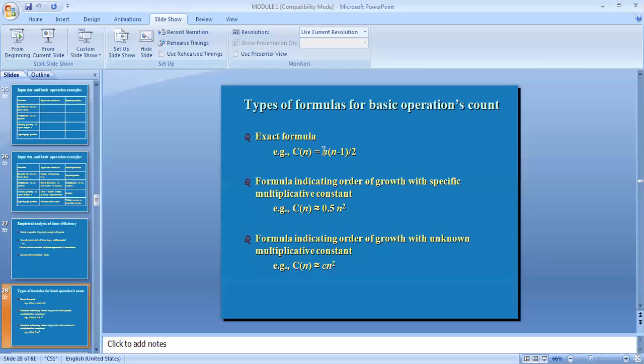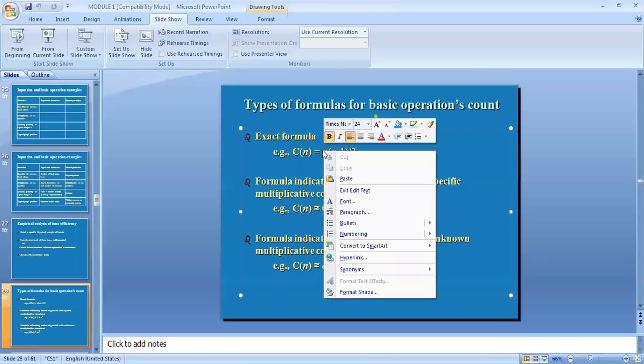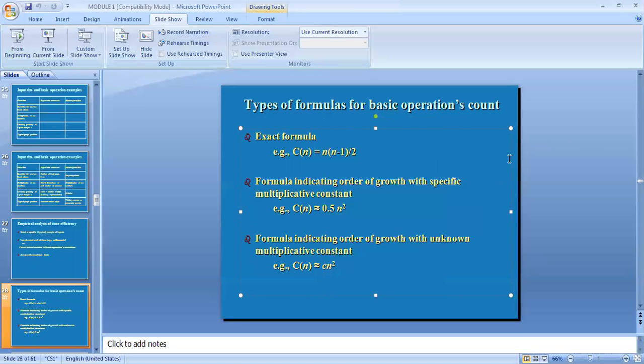So n into n plus 1. That is the main loop as well as a sub loop. Recursively, the operations get invoked.